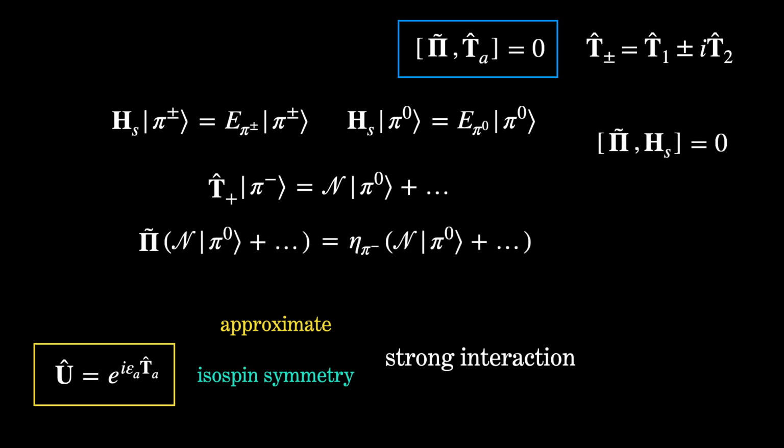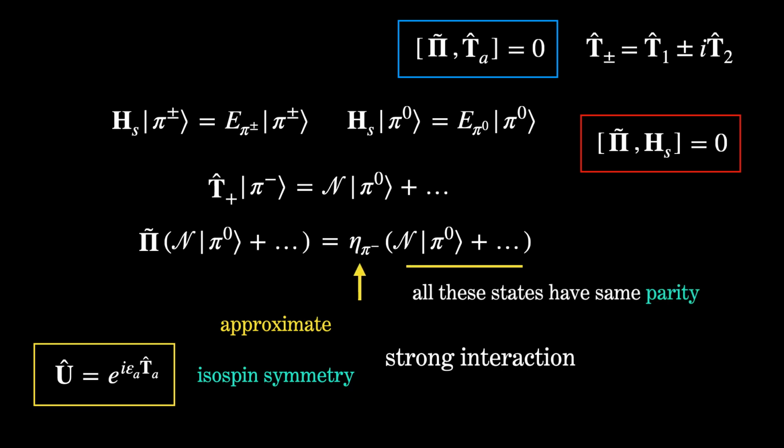Because the parity operator commutes with Hs, all the eigenstates of the strong Hamiltonian are also parity eigenstates. Thus, what this equation shows is that all the states in this expansion have the same parity as π⁻, including π⁰.